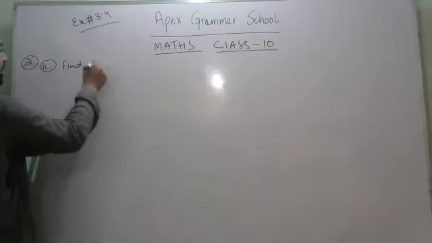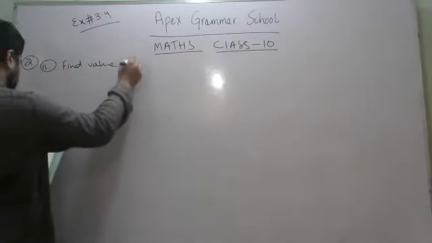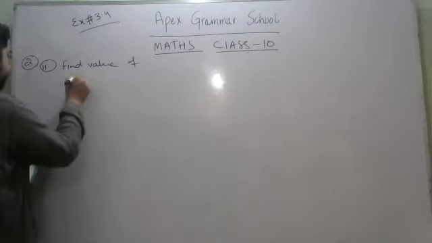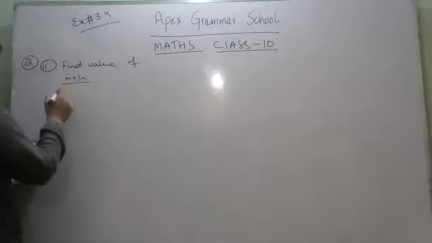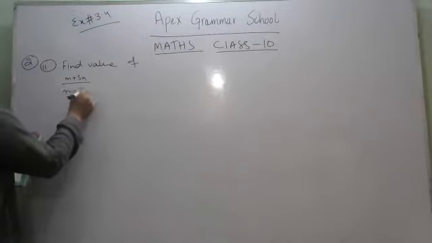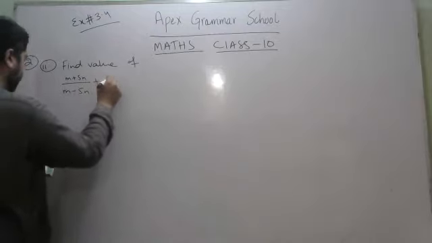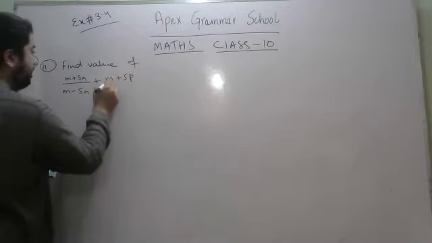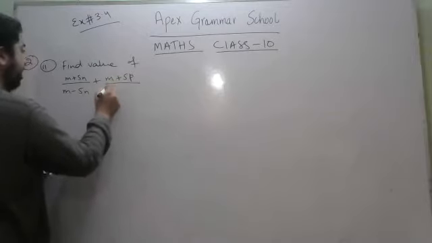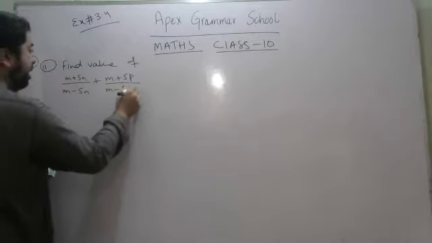Part 2 is to find the value of (m plus 5n) over (m minus 5n), plus (n plus 5p) over (n minus 5p).